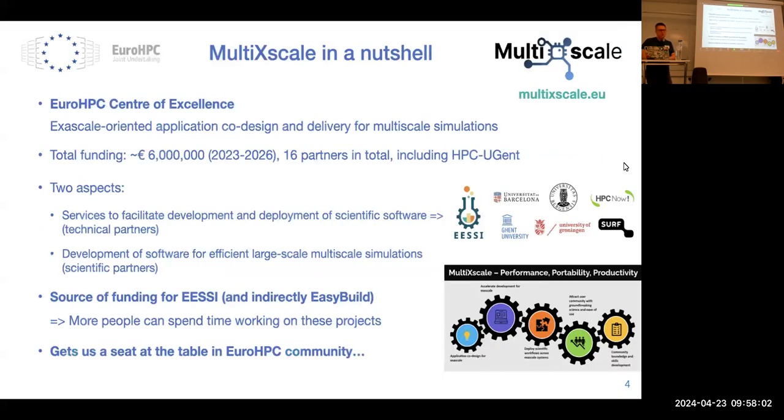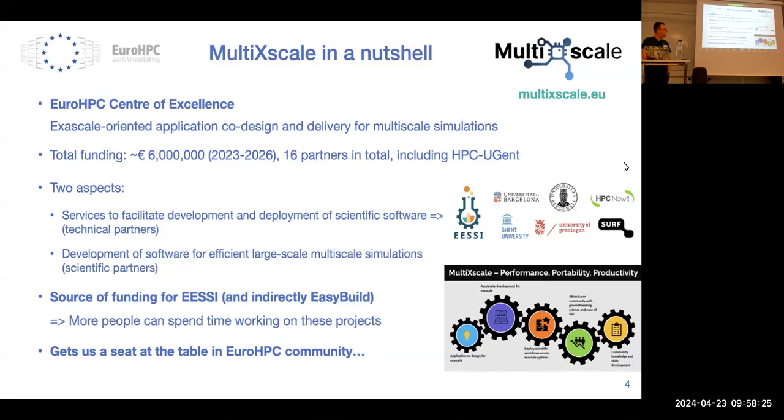A little bit more on multi-scale. So it's a Euro HPC project, or I'm not really supposed to call it a project. It's more a consortium of a bunch of partners. It's 16 partners in total. Ghent University through the HPC team is one of the partners. And there's really two aspects to the project.